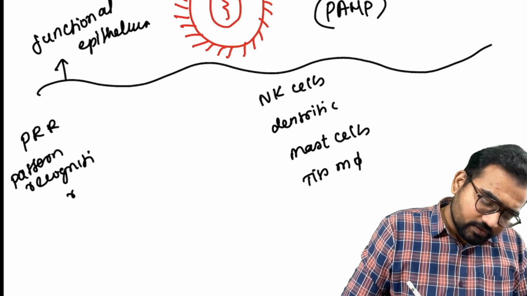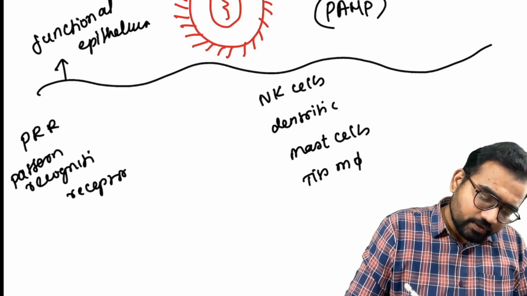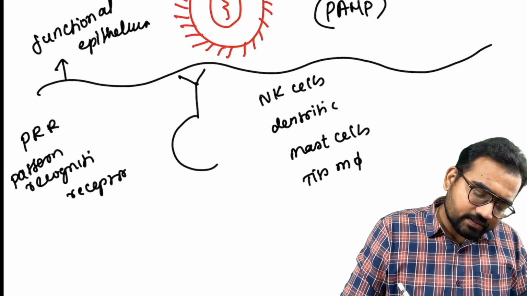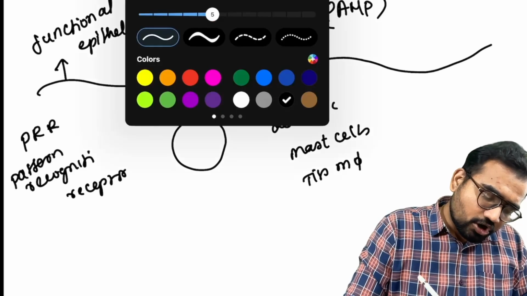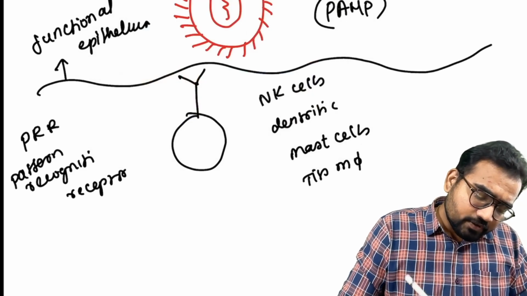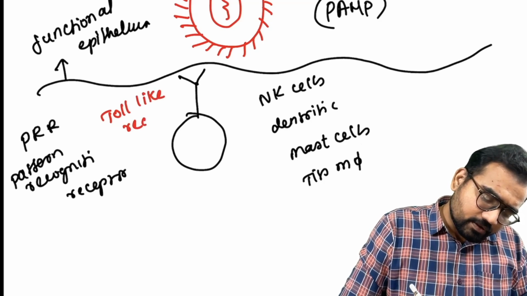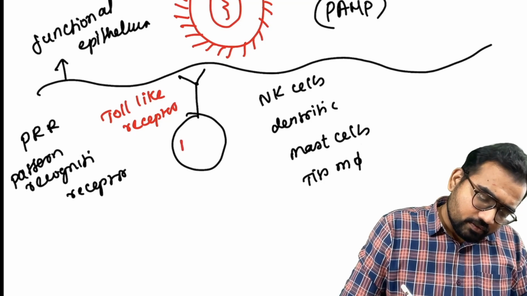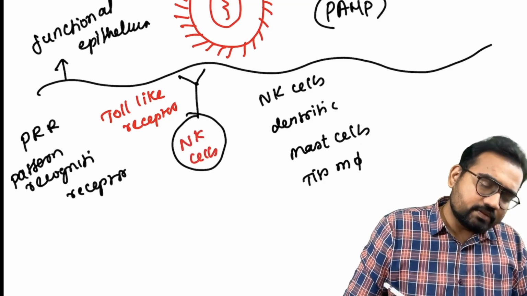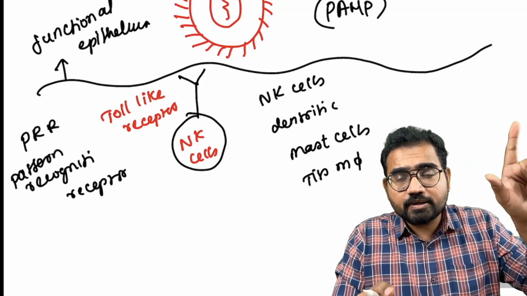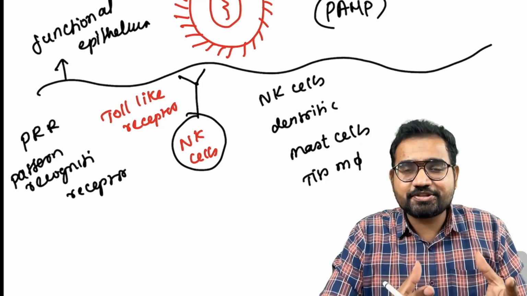Okay, these pattern recognition receptors are nothing but toll like receptors. Say for example in this case a natural killer cell will have toll like receptor, which is nothing but a pattern recognition receptor.